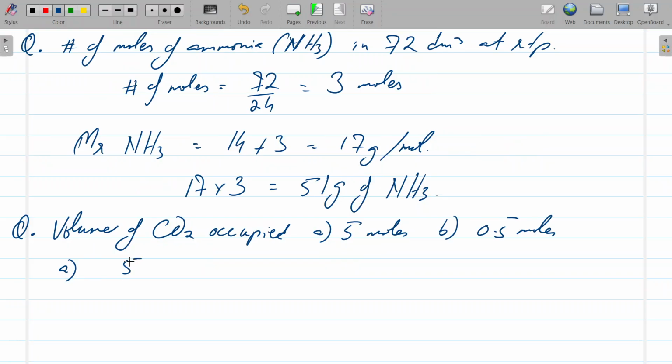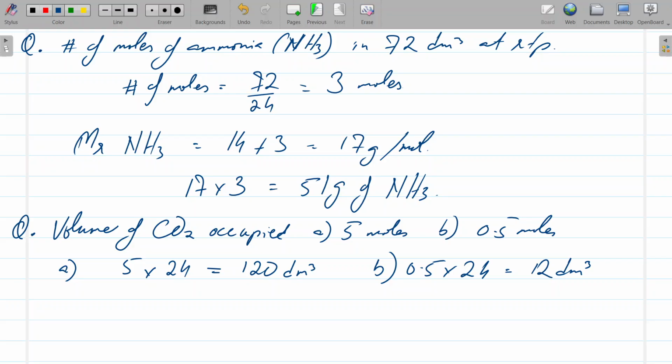And so what you're going to do for the first one is 5 into 24, which is going to give you 120 dm cube. And for part B, that's 0.5 into 24, and that's going to give you 12 dm cube. Simple.